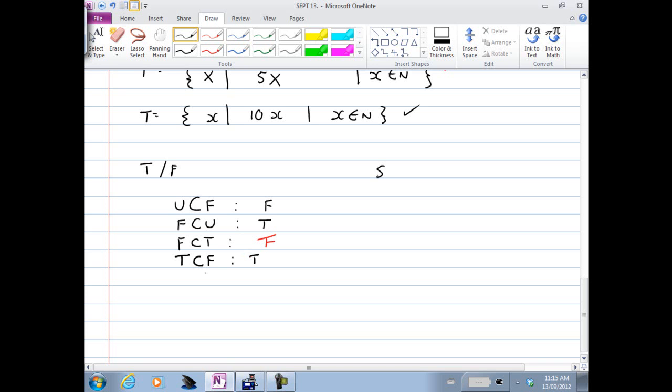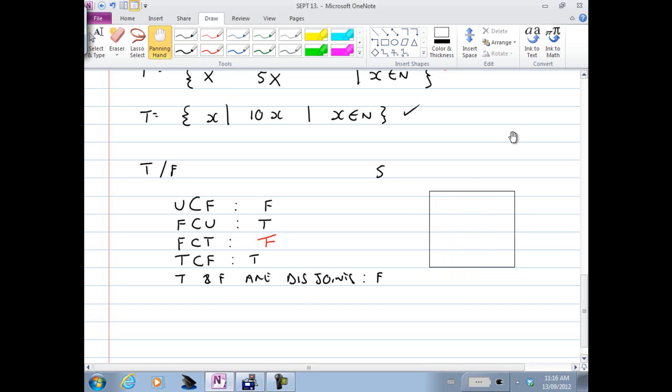Very good. So now, next one I was about to ask you: T and F are disjoint. True or false? False. The reason why is, when I draw my Venn diagram, look how I'm going to draw it.